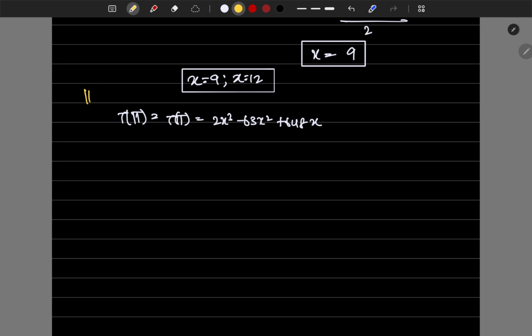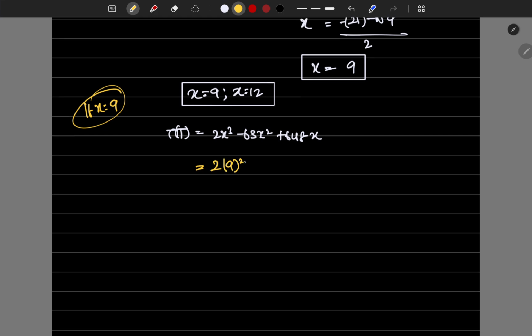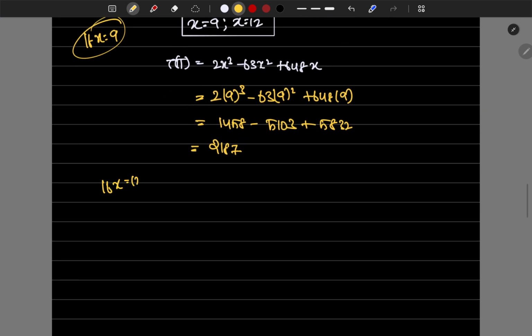If x is equal to 9: 2 into 9 cube minus 63 into 9 square plus 648 into 9. 729 into 2 is 1458, minus 63 into 81, which is 5103, plus 648 into 9, which is 5832. 1458 minus 5103 plus 5832 is 2187.